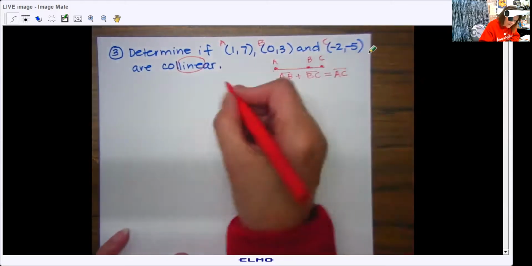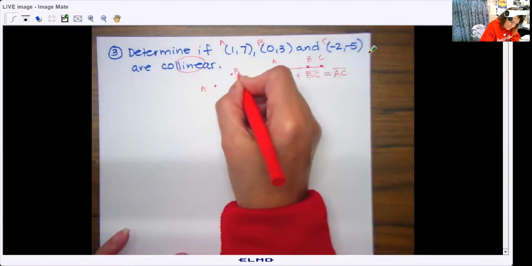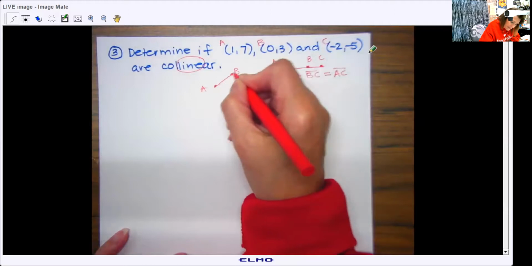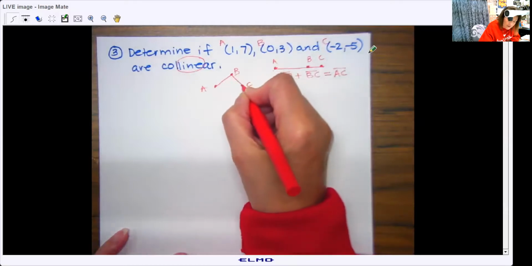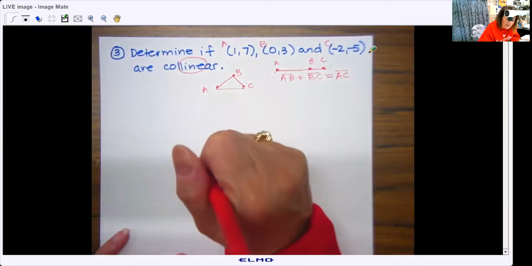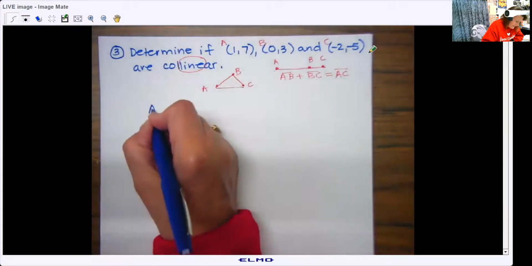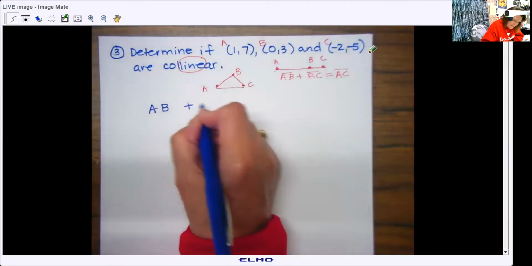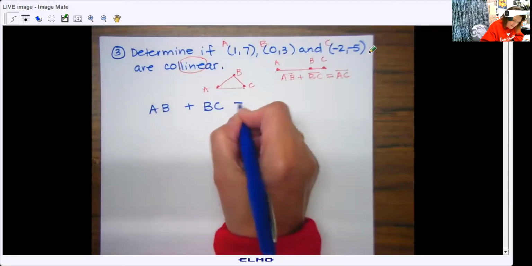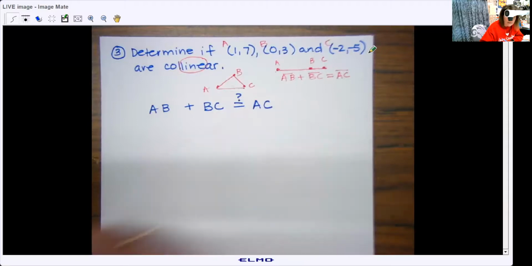Now, if they're not on the same line, then the distance AB plus the distance BC will not equal the distance AC. It'll be larger. So basically we're asking ourselves, is the distance from AB plus the distance from BC equal to the distance from A to C?